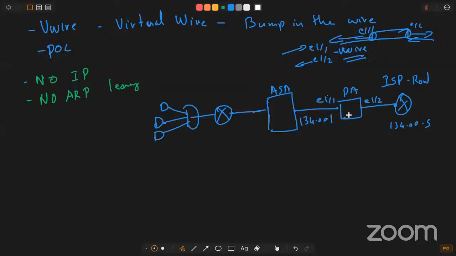So basically this device will be transparent in the network. When you do a traceroute, this hop itself will not be visible, because the other systems will not even see this. The ASA will think it is directly connected to the ISP router. The ISP router will think it's connected to the ASA, but there is a device in between.